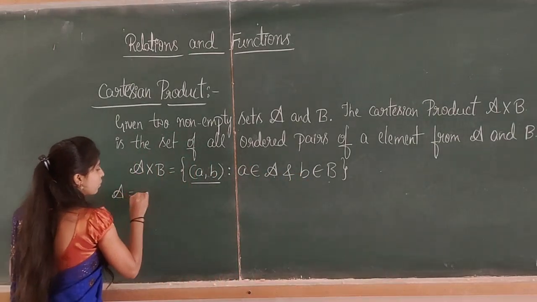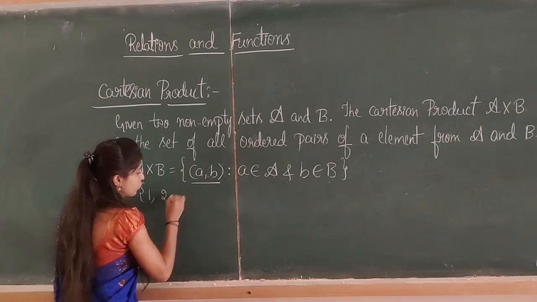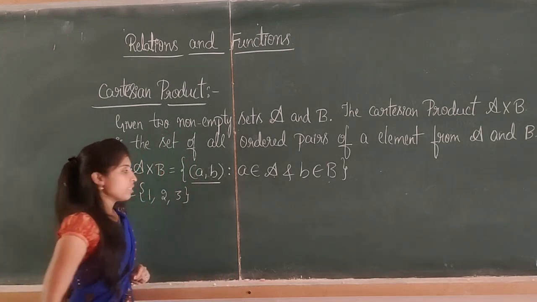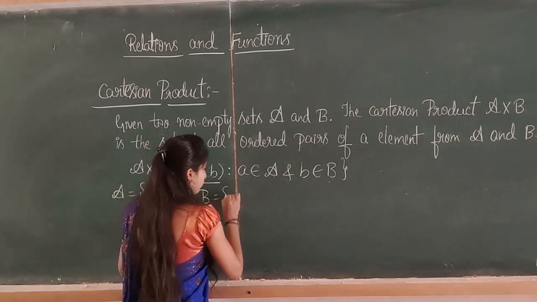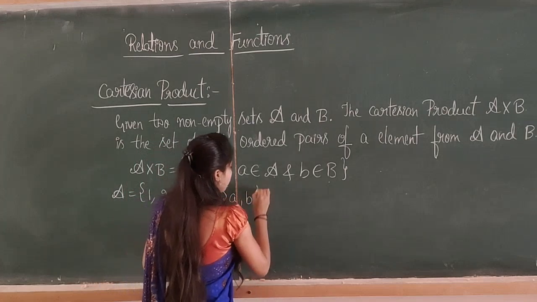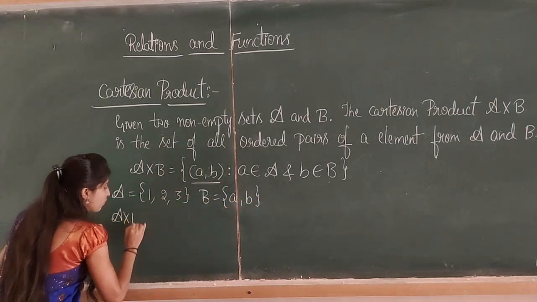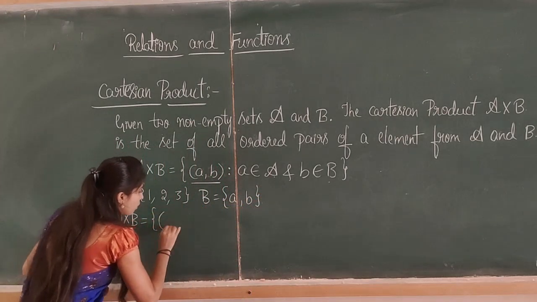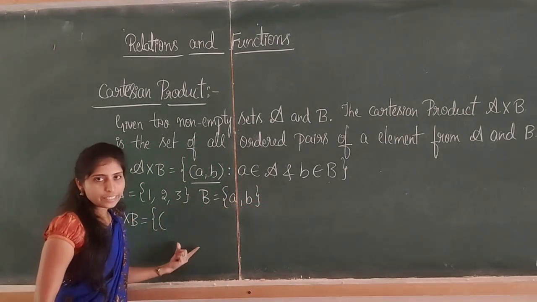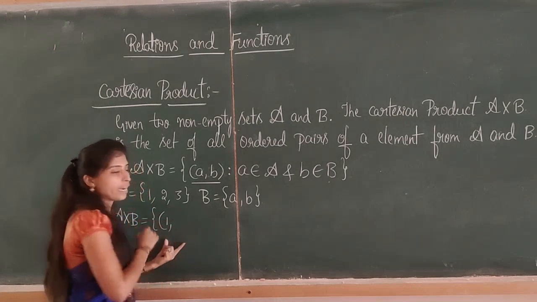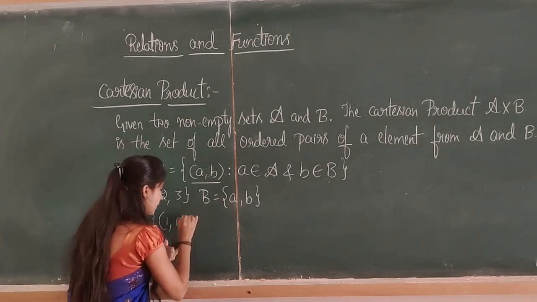If set A is equal to 1, 2, 3, set B is equal to A comma B. Cartesian product A cross B is equal to, in ordered pair we are writing first element from first set and second element from second set.